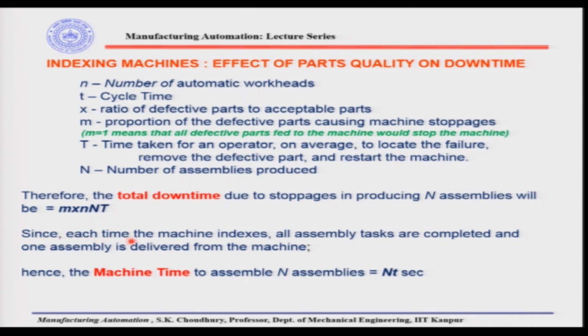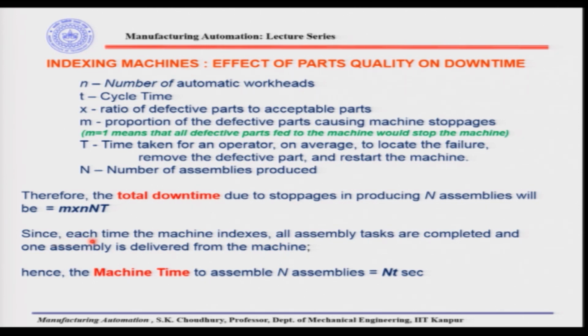Since each time the machine indexes, all assembly tasks are completed. Mind it, we are discussing the indexing machines. In indexing machines, as I said last time, once it indexes, one complete assembly will be obtained at the output.